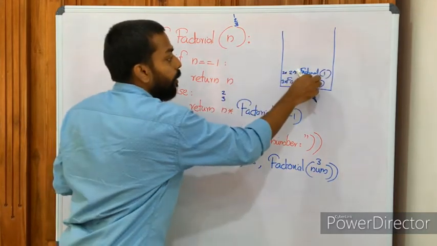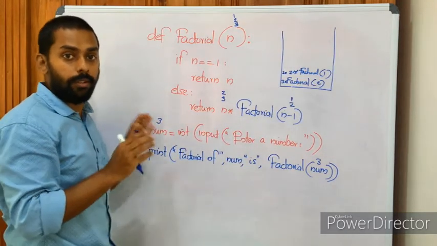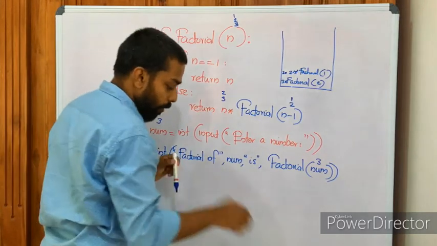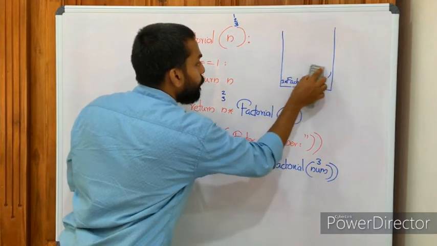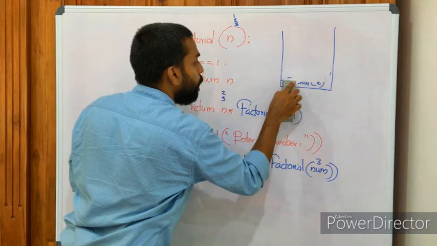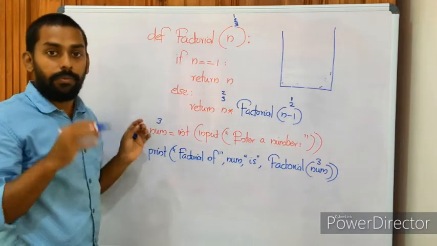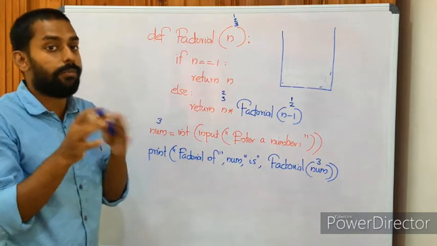After that, 3 into factorial of 2, that is 3 into 2, 6 will be executed. So this is how recursion works. This will be executed first. After that, this will be taken into consideration for execution. So that is what a stack is, following the last in first out data structure.